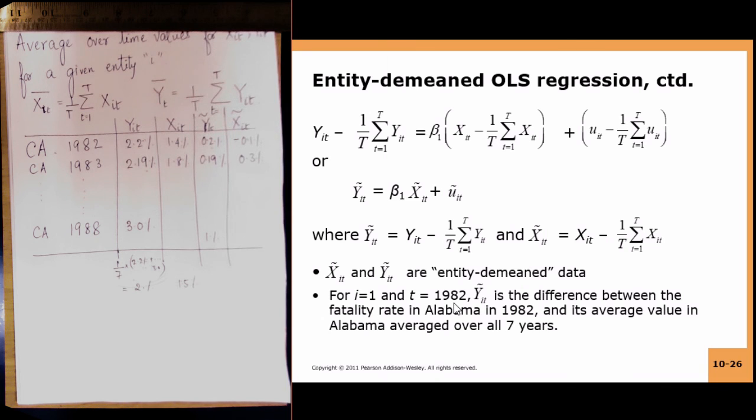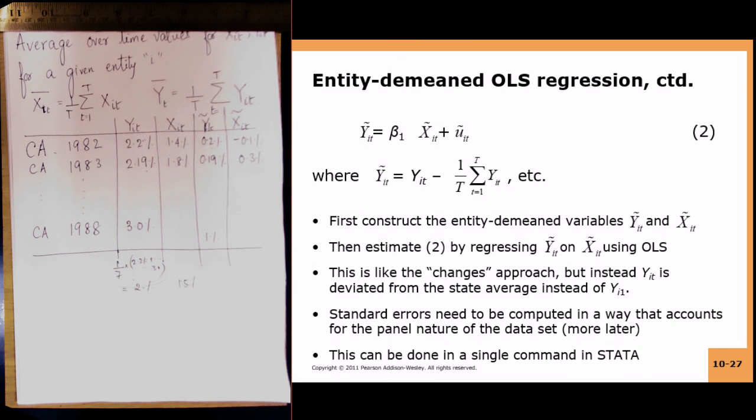So for i equals 1 and t equals 1982, y tilde it is the difference between the fatality rate in Alabama in 1982 and its average value in Alabama averaged over all 7 years.